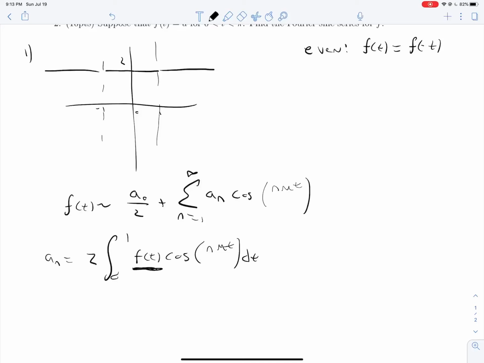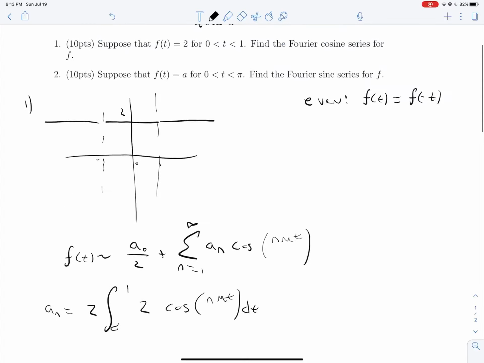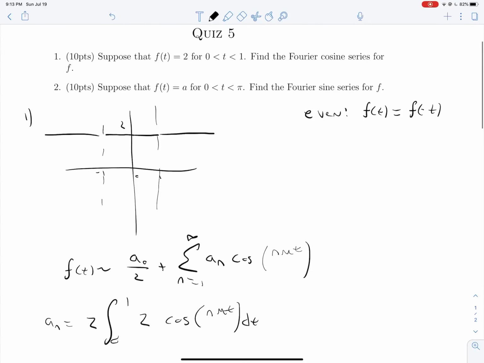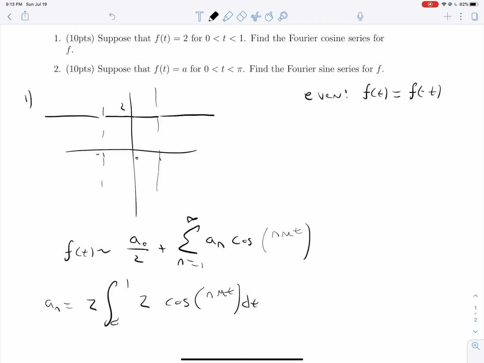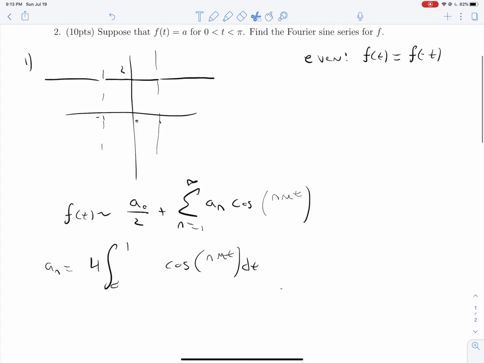Well, that's just what our function evaluates to on the interval that we're integrating over. And since our function is equal to 2 at all times, we can just replace that with 2, and I'll factor that out as a 4 right there.